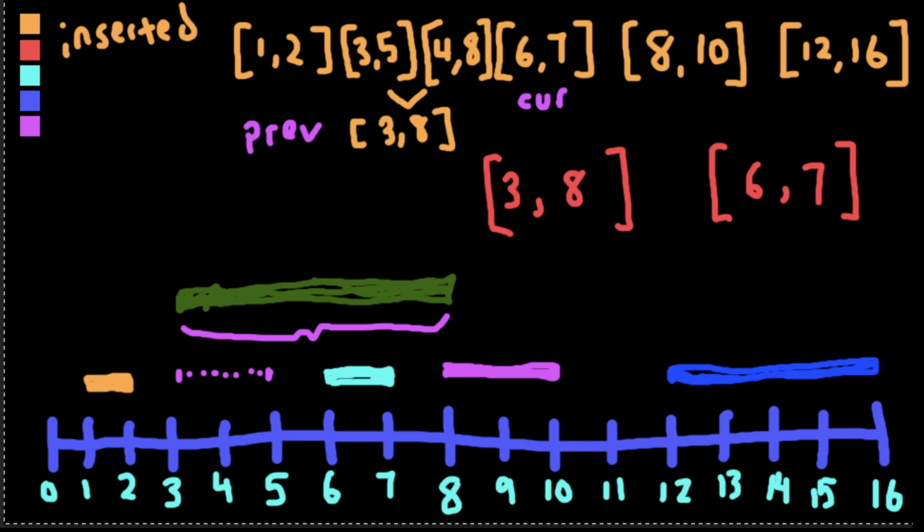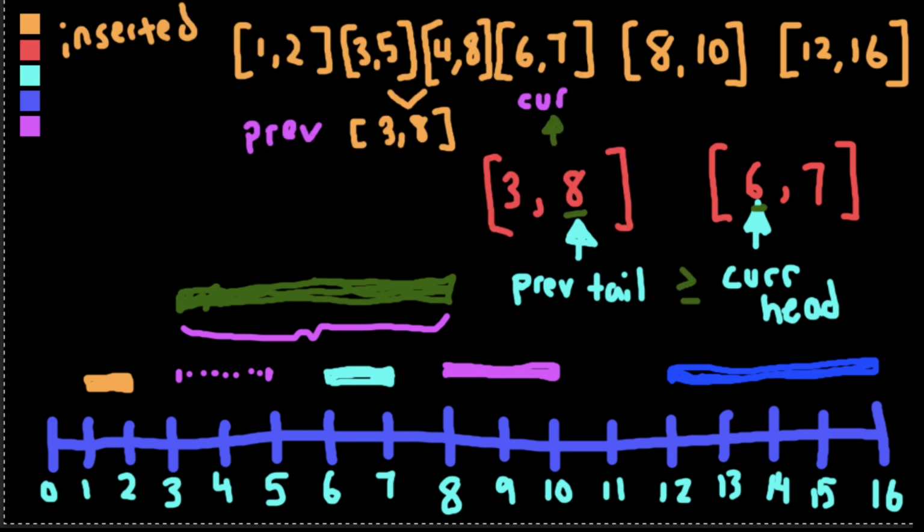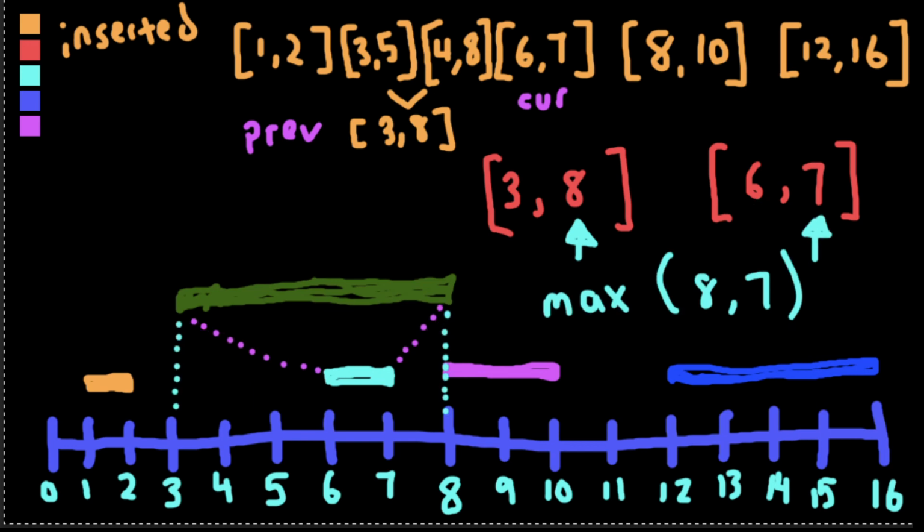and now the current is right here, 6.7, right? And so what do you want to compare? Once again, you want to compare the previous tail of 8 with the current head of 6. And of course, because it is greater or equal than, you want to merge. And after you merge, you want to see which one of the tails that you want to get.